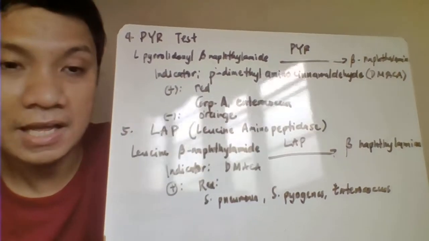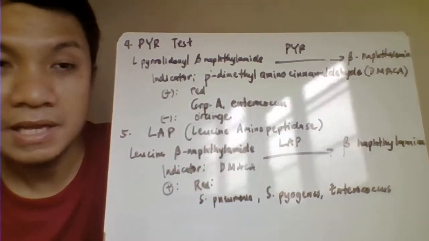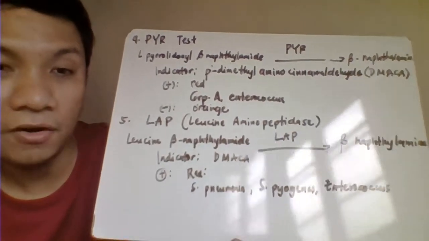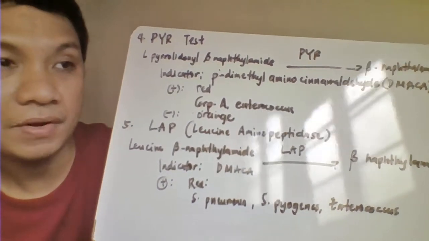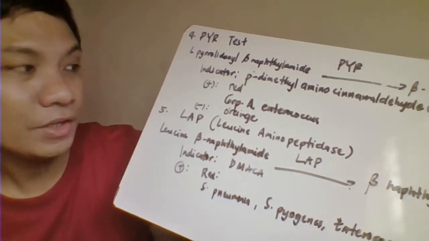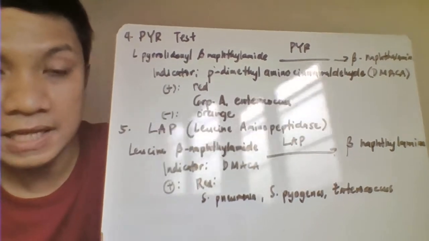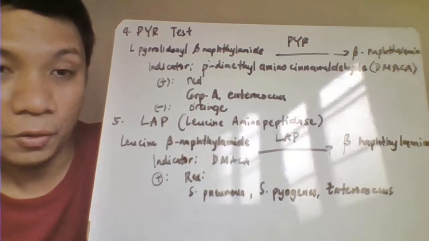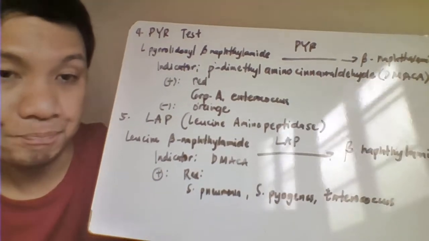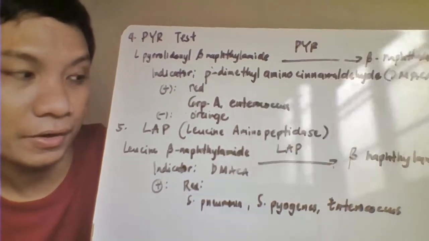Then you add the indicator paradimethylaminocinnamaldehyde, which will give a positive result with red color. The PYR will give a positive result only for your group A strep, Strep pyogenes, and Enterococcus. All the rest will give a negative result, with an orange color or the absence of red, since orange is the original color.